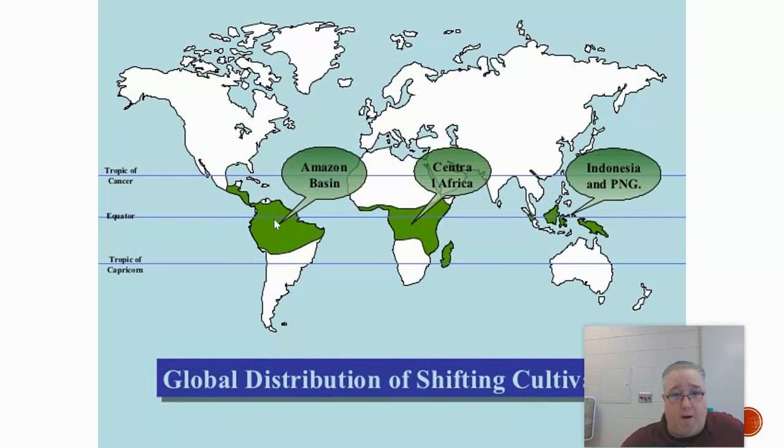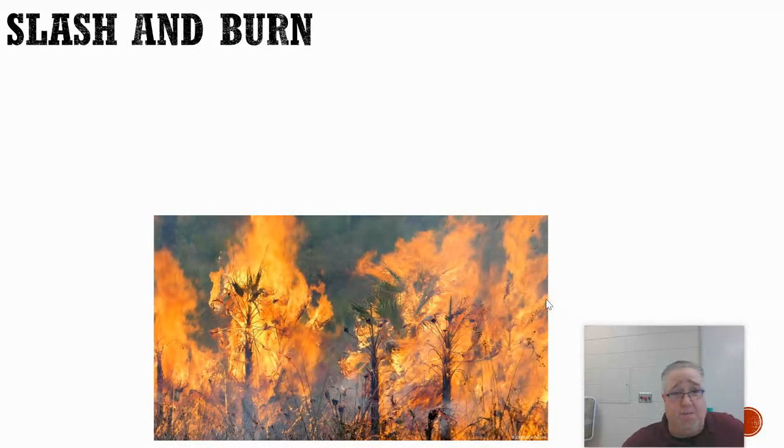This is the northern part of South America, Central Africa. Lots of tropical rainforests here. Up here, northern Africa is a lot of desert, but the central part is a lot of tropics. In Indonesia, lots of areas over here where you see lots of tropics. So this is where you see a lot of slash and burn.